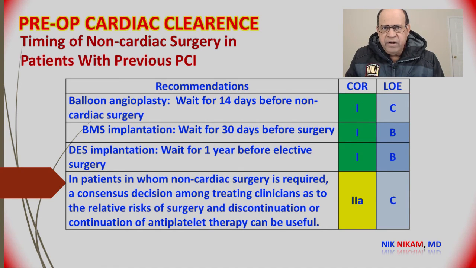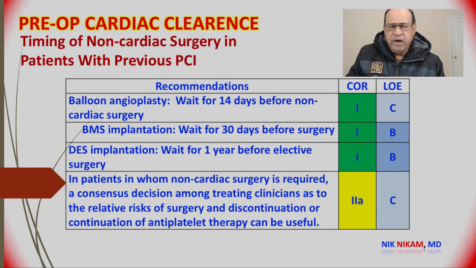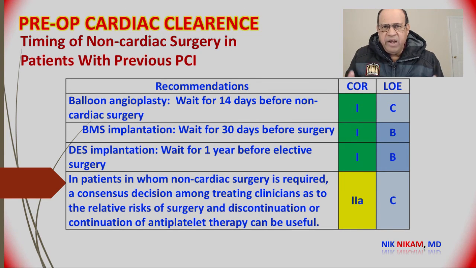On the other hand, if the patient has a drug-eluting stent, then it is most appropriate to wait for at least 1 year before they are cleared for an elective surgery.